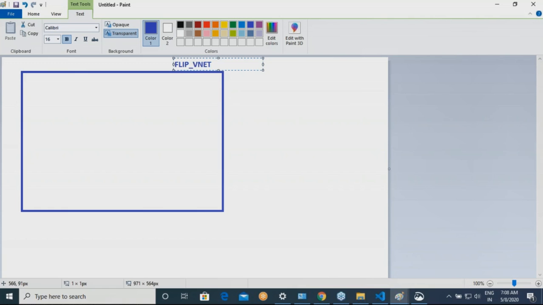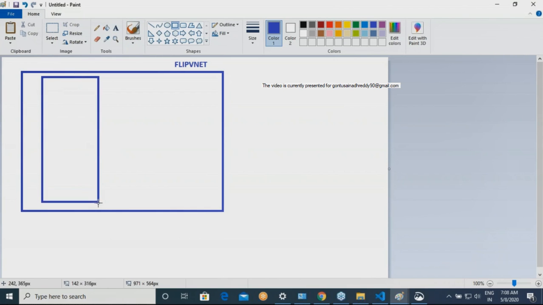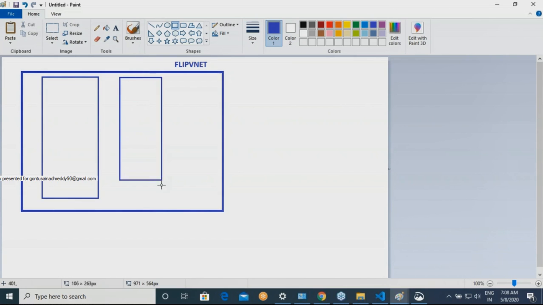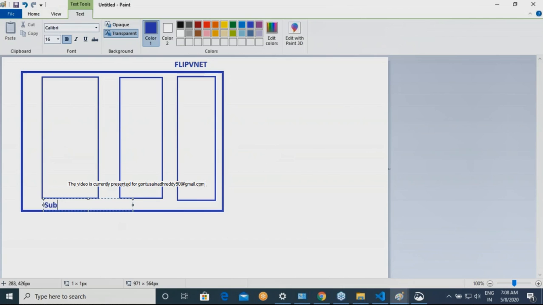So flip VNet. In this, I'll go with three subnets.